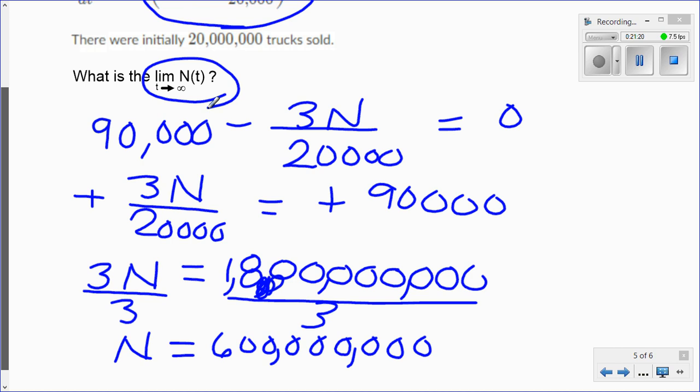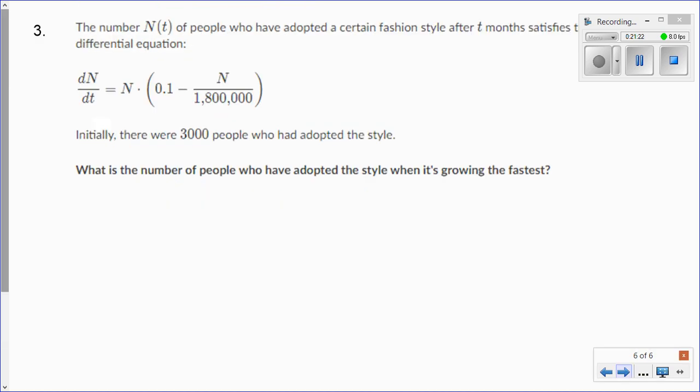Okay, one last example. This time, N of t represents the number of people who have adopted a certain fashion style after t months. And we've got our logistic differential equation, and it says initially there were 3,000 people who had adopted the style. But the question we want to answer is, what is the number of people who have adopted the style when it's growing the fastest?